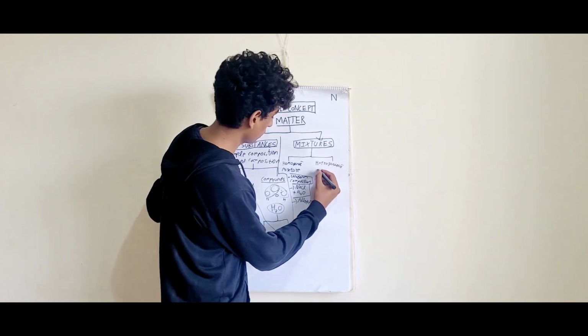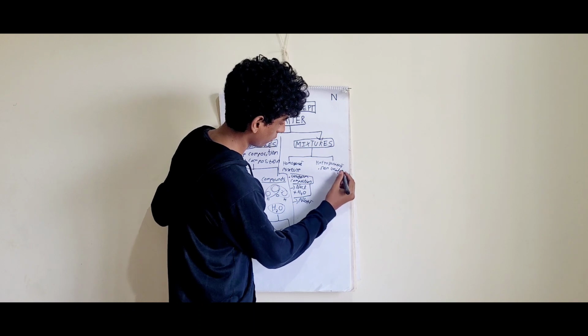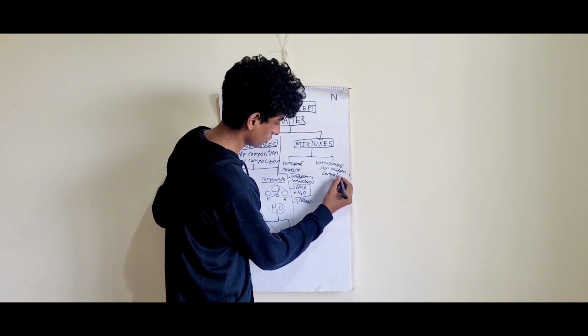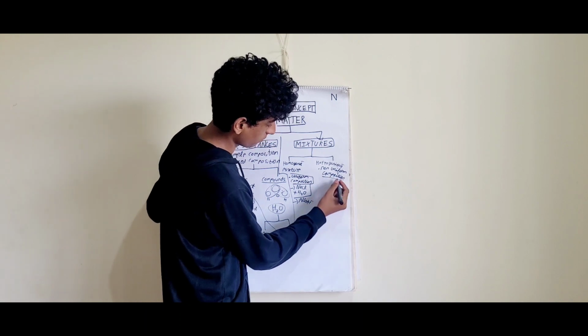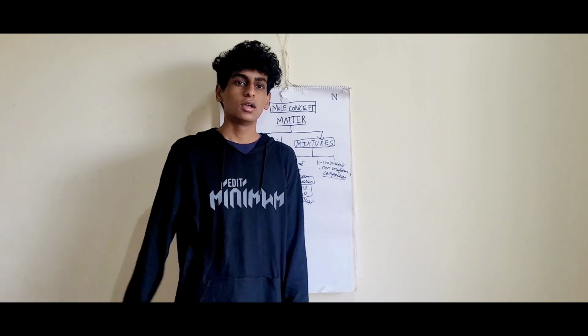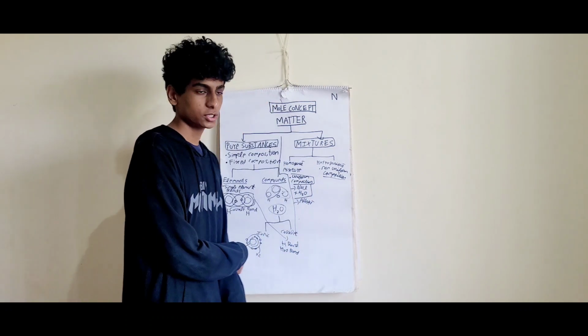So over here we have non-uniform composition. Just don't mind my handwriting, okay? I'm writing it on the board for the first time. So in heterogeneous, we have non-uniform composition.